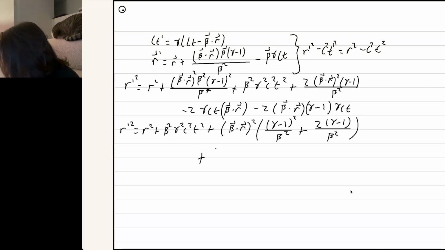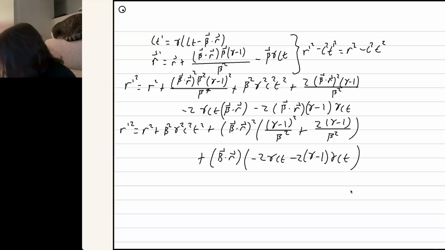And then the stuff that depends on only one power of beta dot r: minus 2 gamma ct minus 2 (gamma minus 1) gamma ct.